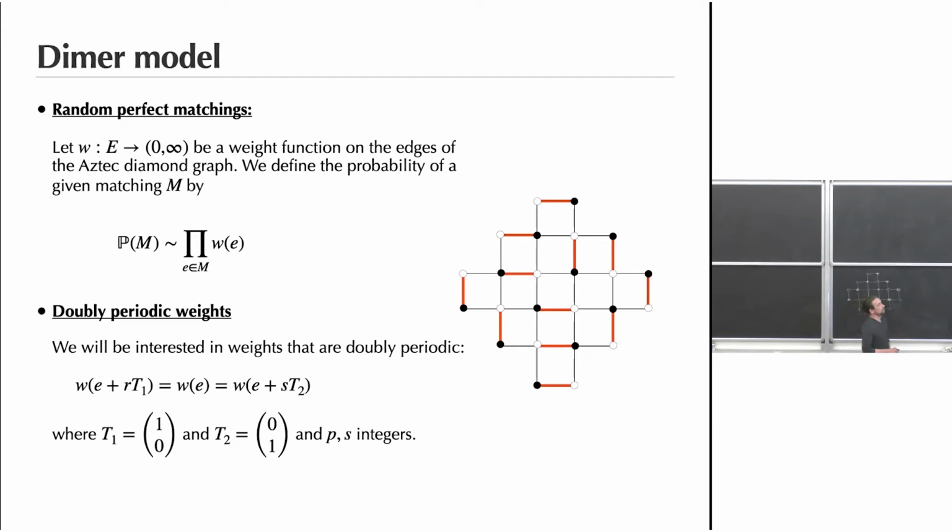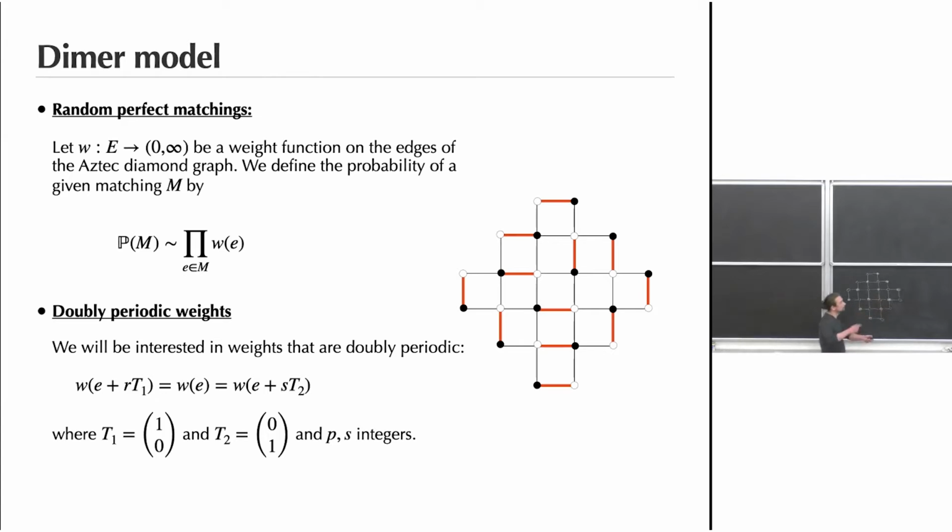What we're going to assume is that these weights are assigned in a doubly periodic way. There are two different directions in the graph, and the weights repeat themselves. So the weight of this edge is the same as the weight of this edge, and so on.